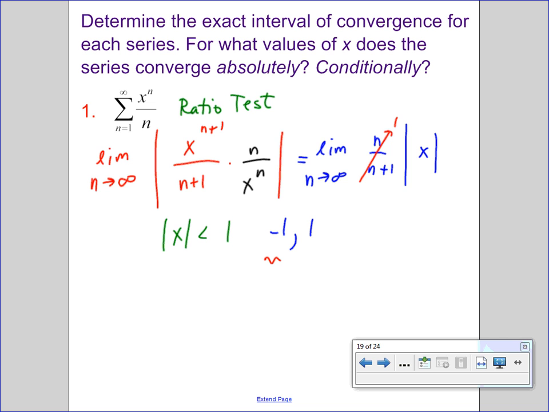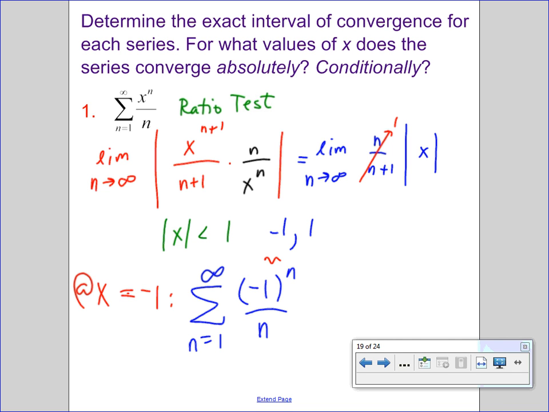The series would be, I'm going to label it, at x equals negative 1, my series is negative 1 to the n over n. Is that right? Negative 1 to the n over n.